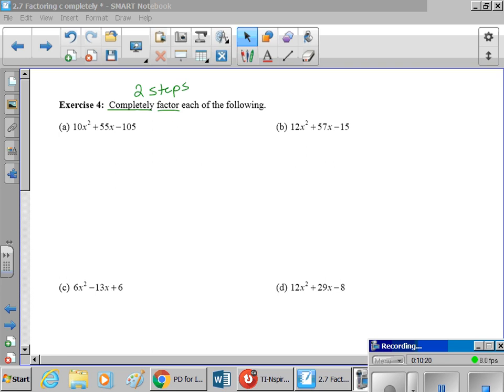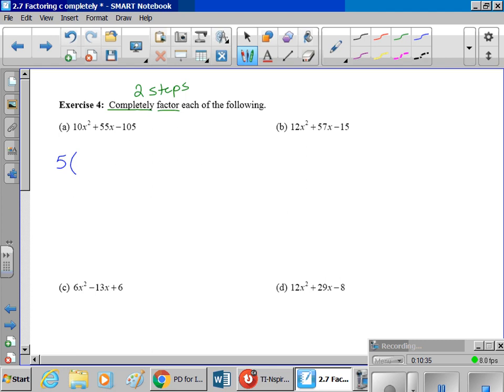In this case, when I look at A, I notice that 10 does not go evenly into 55 or 105. So you consider the next largest factor of 10, which is 5. So 5 does go in evenly. So we can factor out a 5. When I factor a 5 out of each one, I get 2x squared plus 11x plus 21.